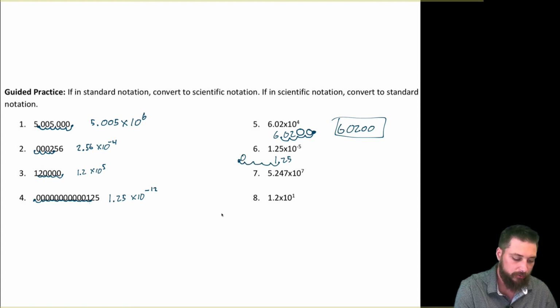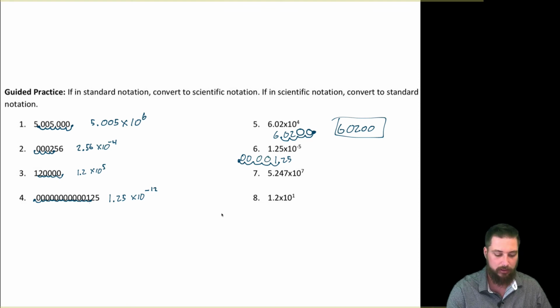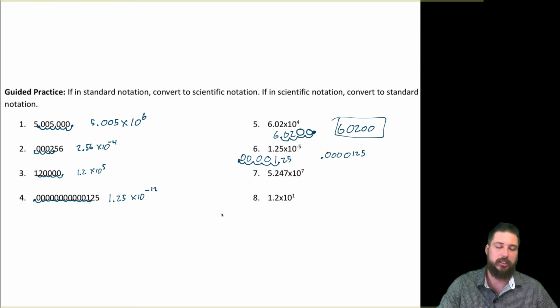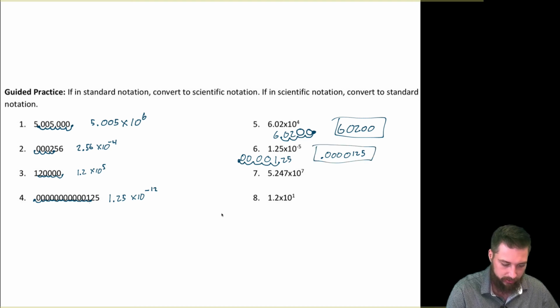And we end up with 1, 2, 3, 4 zeros in the front of it. So we end up with 0.00001 25. So again, we have 4 zeros in the front. The first digit that it moved through was the 1. So something to keep in mind, and we box our answer here.